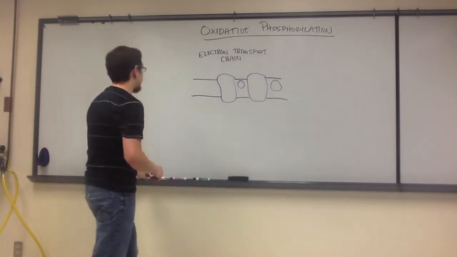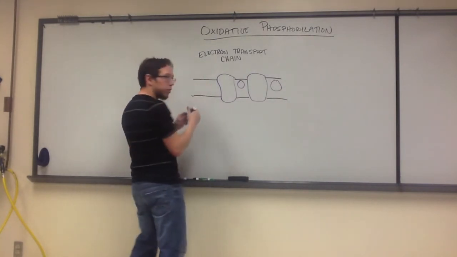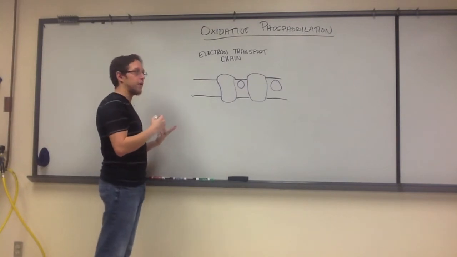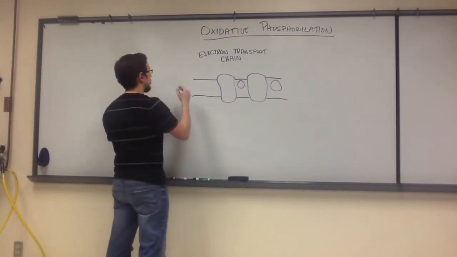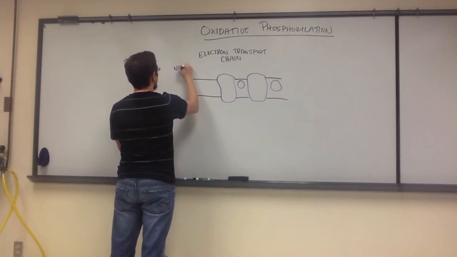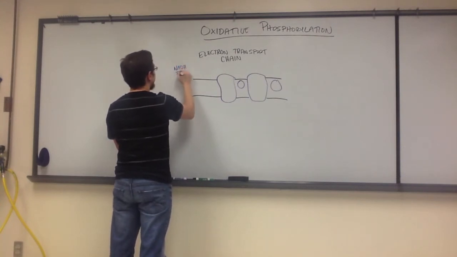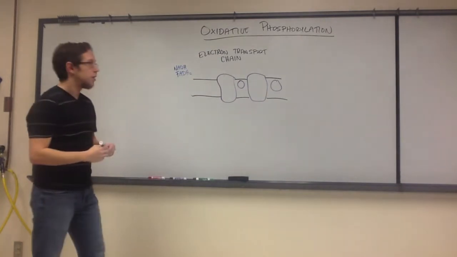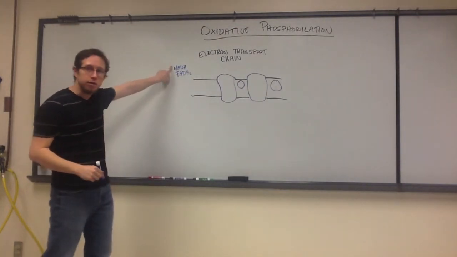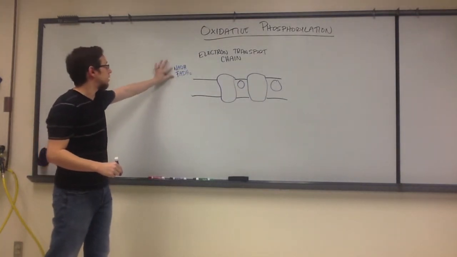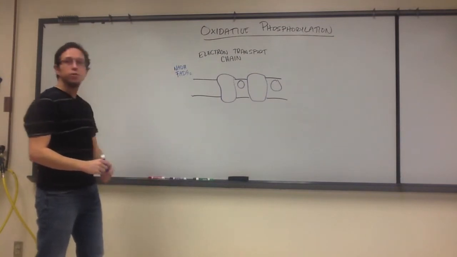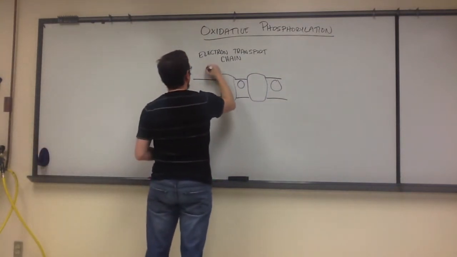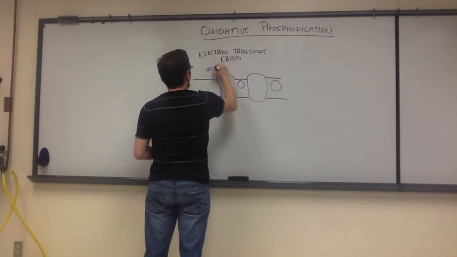So what will happen is all of those electron carrier molecules that we produce, the NADH and the FADH2, that we produced during glycolysis, the oxidation of pyruvate, and the citric acid cycle, are going to come and donate their electrons to the chain.